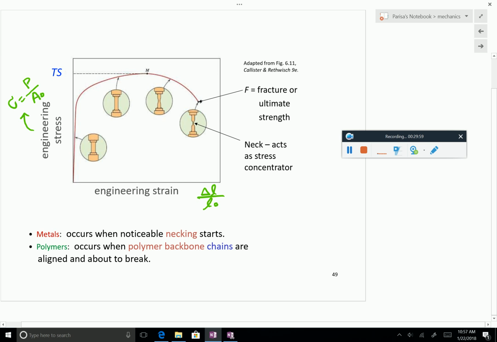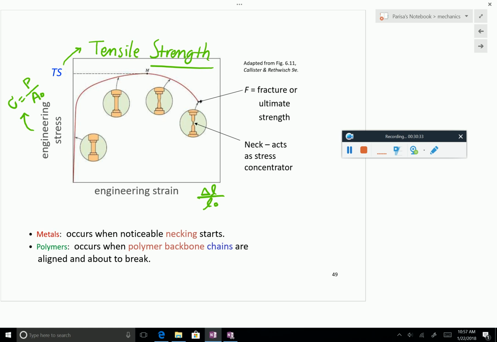In this graph, one thing which is very important is what is marked with TS. And this is the tensile strength. If you plot engineering stress versus engineering strain, it is the maximum stress that you can achieve.